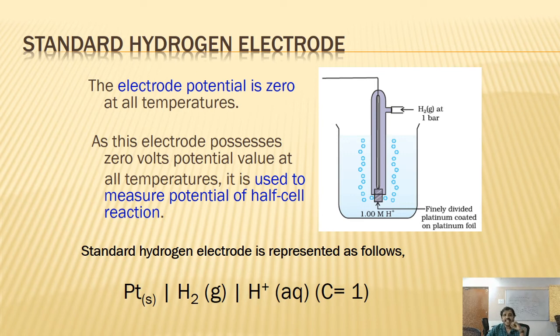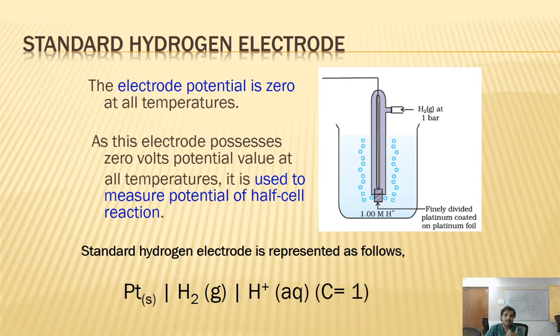The electrode potential of the standard hydrogen electrode is taken as 0 at all temperatures. And as this electrode possesses 0 volts potential at all temperatures, it is used to measure the potential of cell reactions.